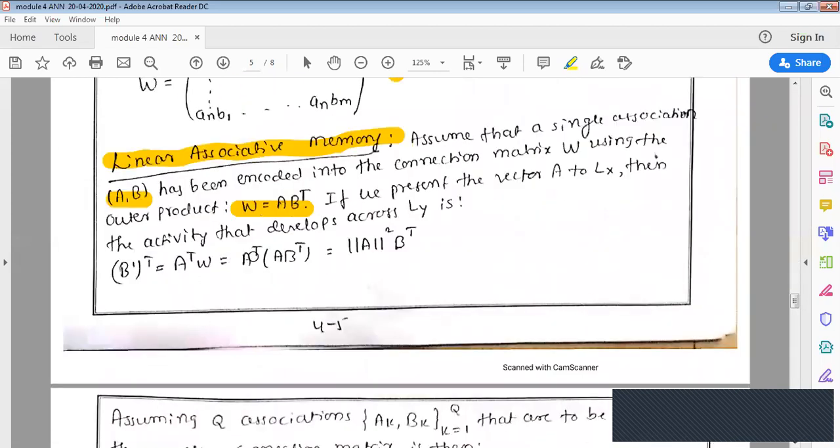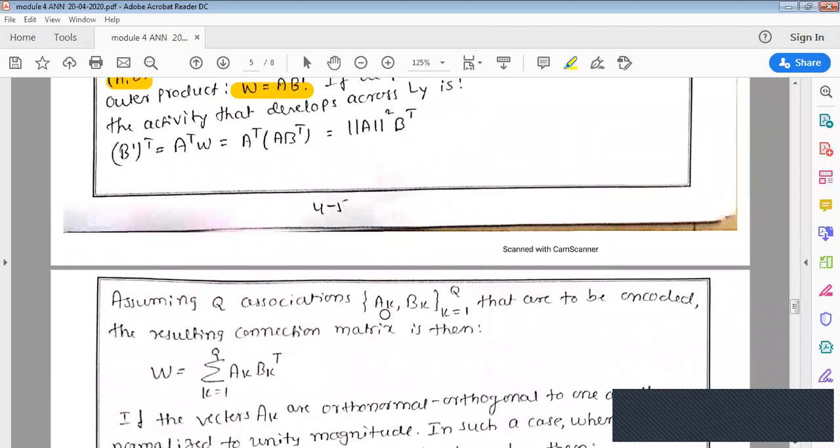So this is equal to A transpose, but what is W? A into B transpose. When I multiply A transpose into A, I get A square. A transpose A is A square, into B transpose.